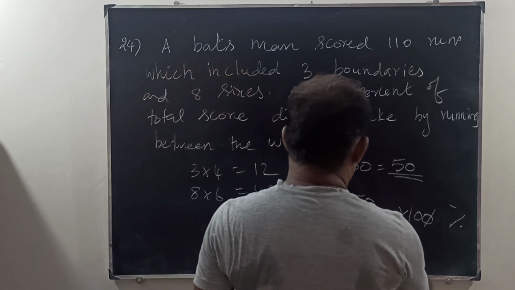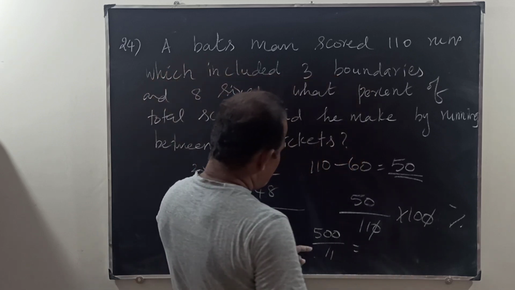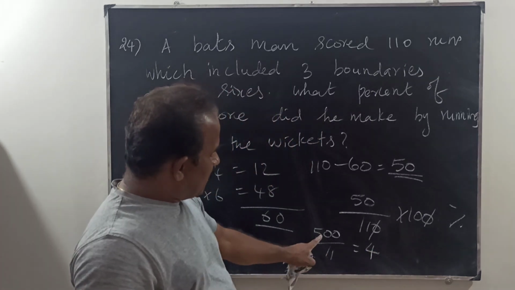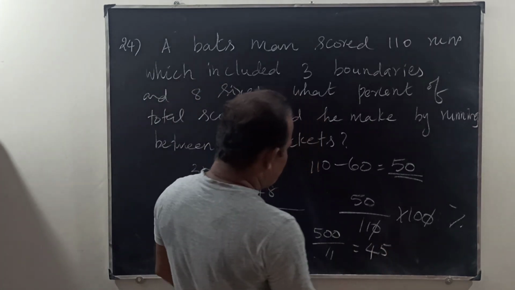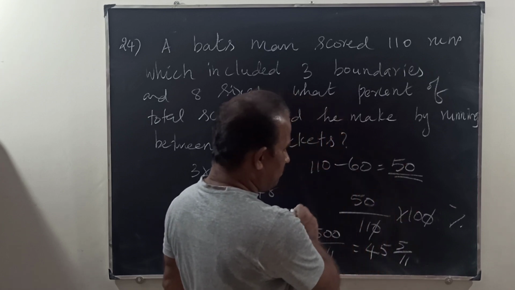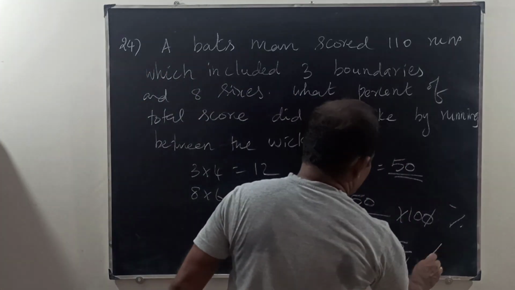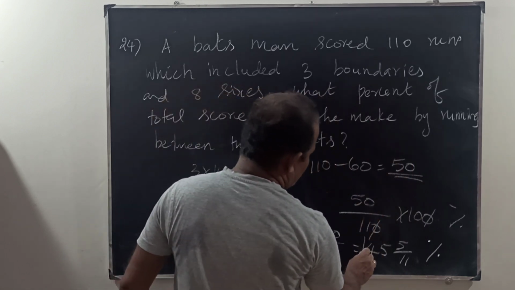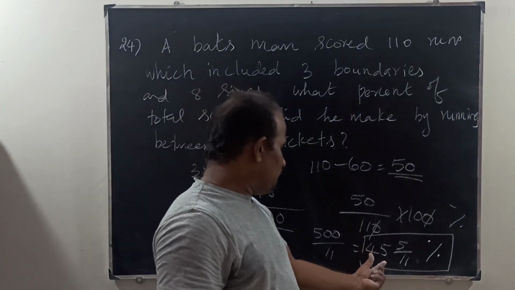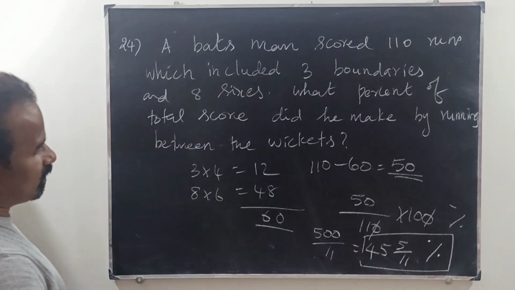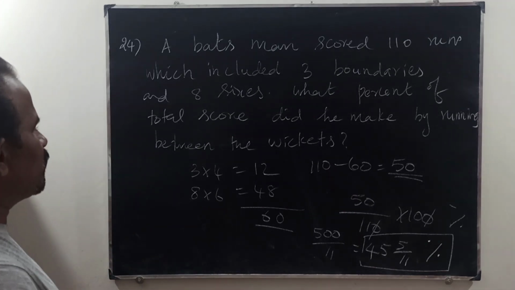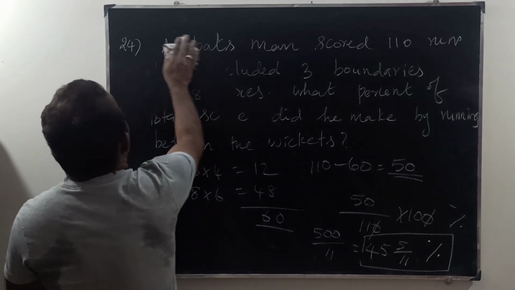So therefore 500 by 11 is equal to, 4 11s are 44, 5 11s are 55, remaining 5, therefore 45, 5 by 11 percentage. So therefore the batsman scored 45, 5 by 11 percentage of runs from running between the two wickets. Okay, so therefore this.